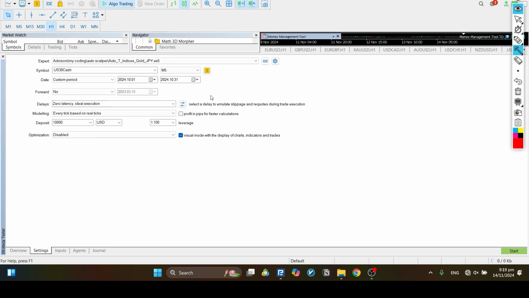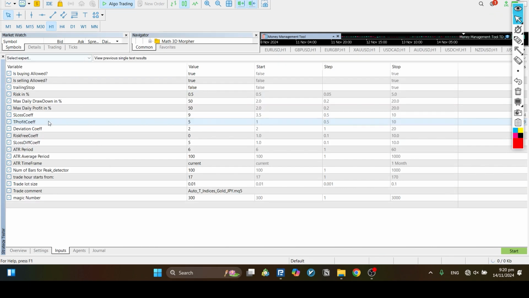I set the simulation period to October 2024 and the initial deposit to $10,000. I will then head over to the Inputs tab. There are a bunch of parameters here that we can set, but for this video the only ones that matter to us are risk, which I set to 0.5%, stop loss coefficient, which is 9 here, and the take profit coefficient that I set to 5.